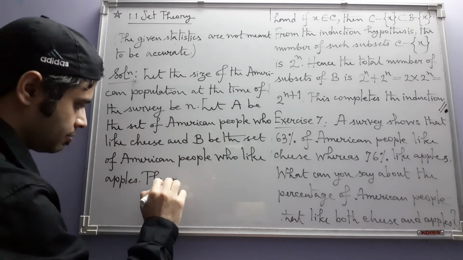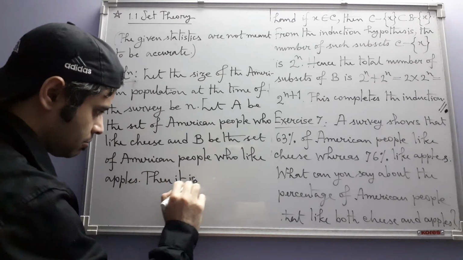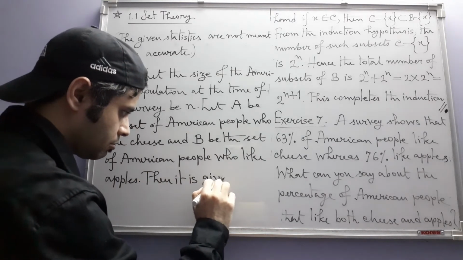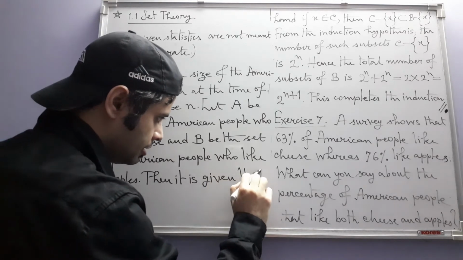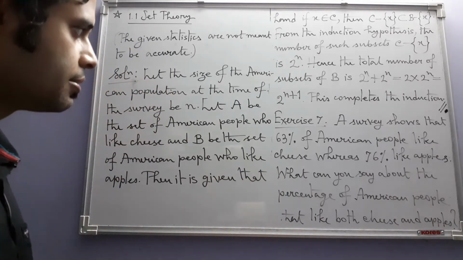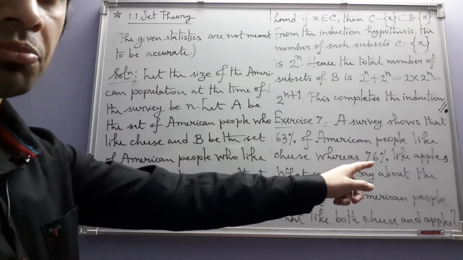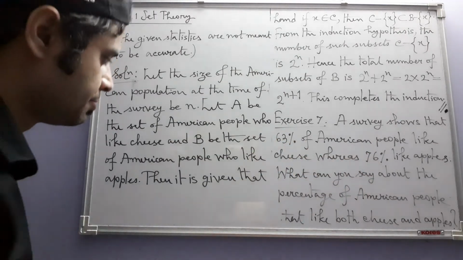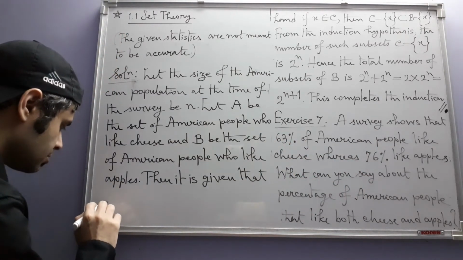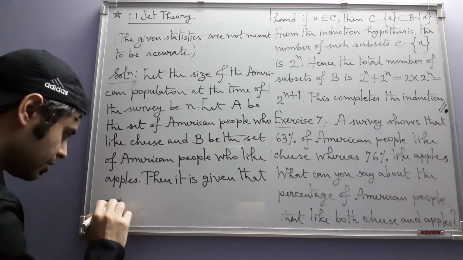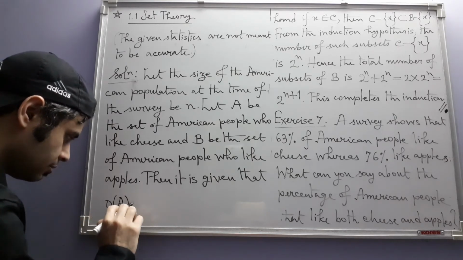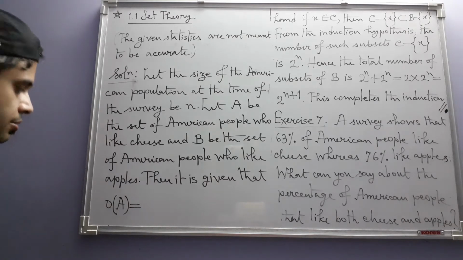Then it is given that 63% of the population likes cheese. That means the number of elements in A is 63/100 n.